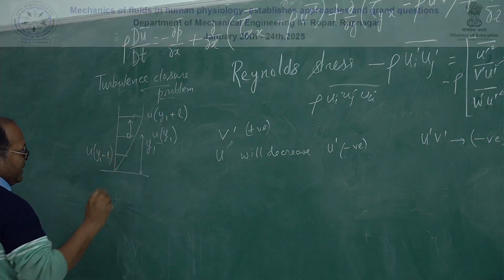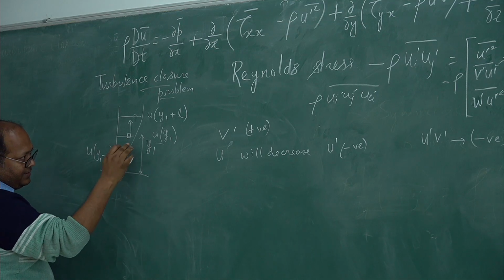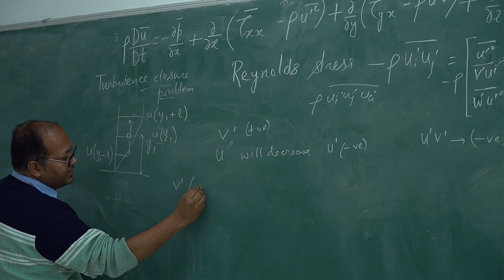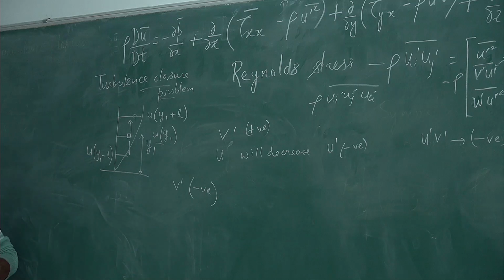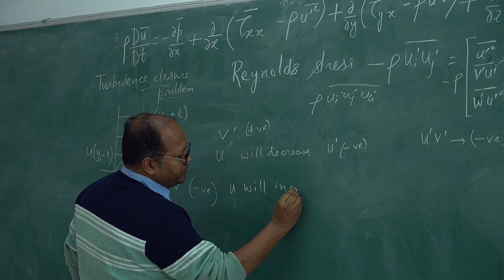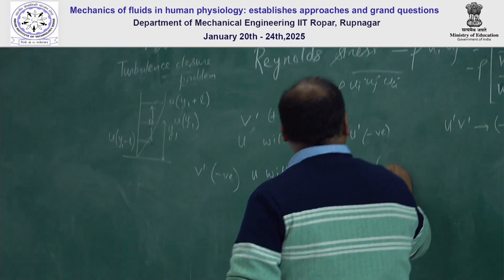Now, on the same logic, let's say by a negative velocity fluctuation, it goes down. So when v dash is negative, let's say the fluid element goes down here. Now, in this case, this has higher u velocity. On mixing, the overall u will increase now. So since u will increase here, this u dash fluctuation will be positive.